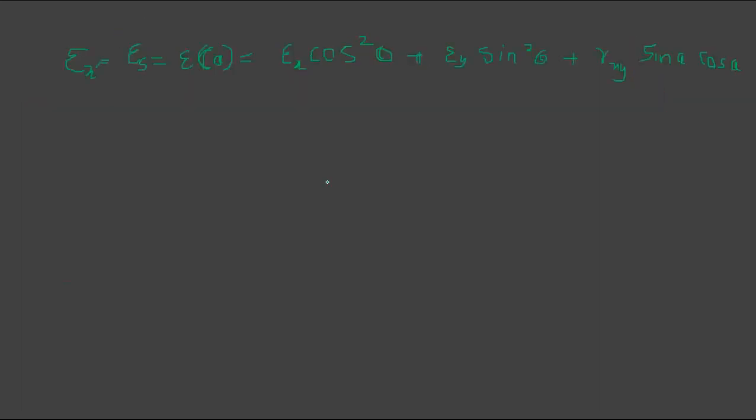Because that's a plane, right? So epsilon x dash, when you simplify using cos 2 theta and sine 2 theta, you can write it like this: epsilon x plus epsilon y over 2, into cos 2 theta, and plus, this is very important, this is gamma xy over 2, right?